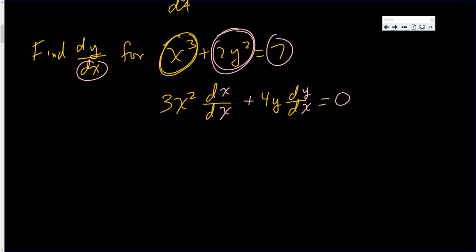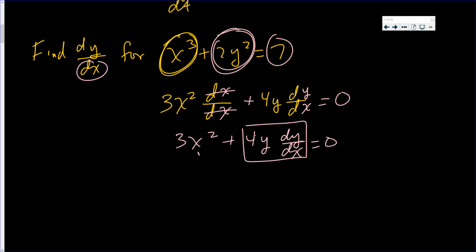You want to add on or multiply by dy/dx or dx/dx, that's fine. So this is really 1. So you have 3x squared plus 4y times dy/dx, what you want to solve for, equals 0. So let's figure out what that term is first, like always. Bring that to the other side, and you get negative 3x squared.